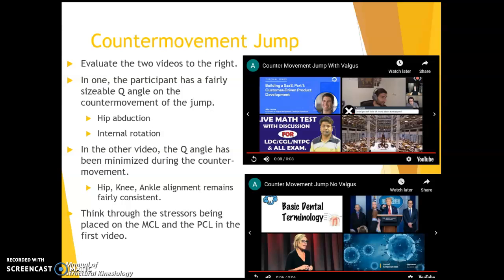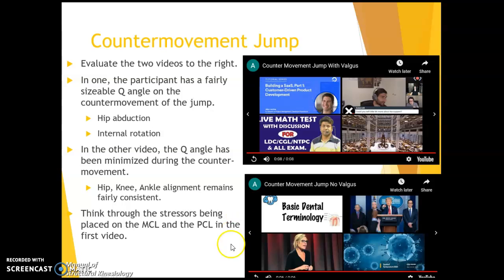Now, I urge you to have your athletes or your clients do basic movements, or maybe perhaps you're doing just a freestanding squat and you track the knee. You can do this type of counter movement jump and pay attention to valgus, both on the jump phase, but also on the landing phase, which is heavy eccentric loading.